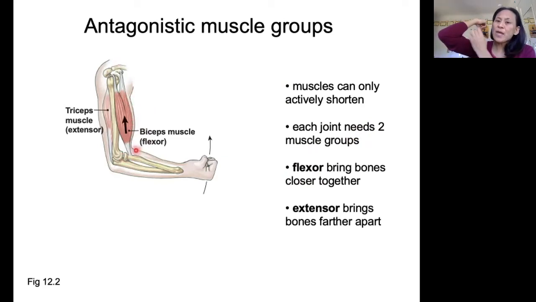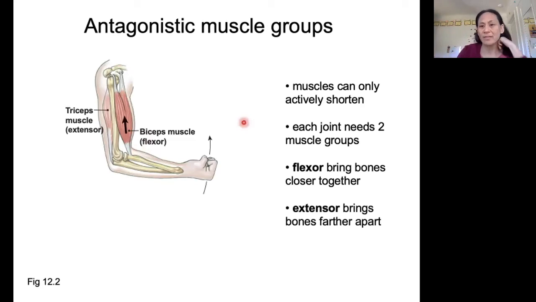And then we have another muscle, which we call the antagonistic muscle, that's going to pull those two bones farther away from each other, right? It's going to increase the angle, okay? So it's going to contract in order to bring those bones farther away from each other, okay?